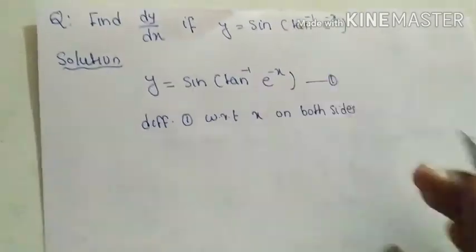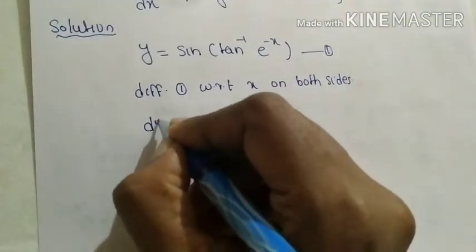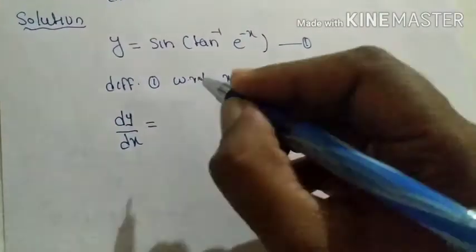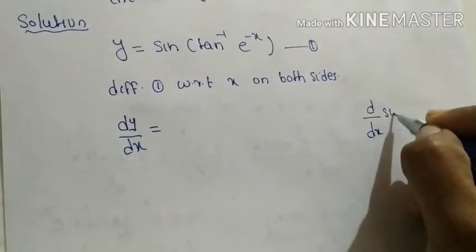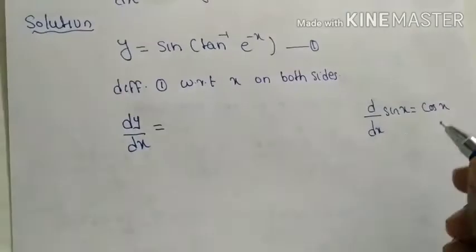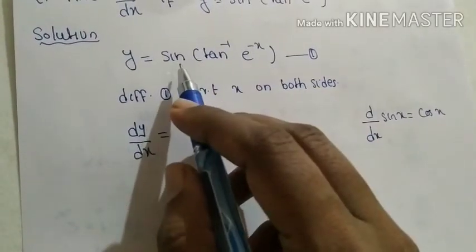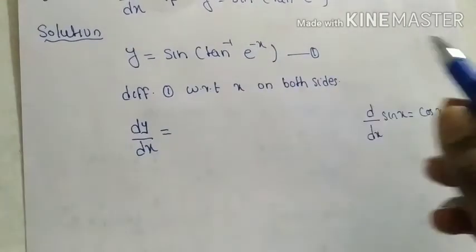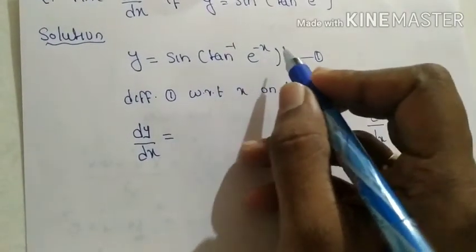We get the derivative of y, that means dy by dx, which is equal to, we know that the standard derivative of sin x is cos x, but here we need to calculate the derivative of sine of tan inverse of e raised to minus x. So replace this x by tan inverse of e raised to minus x.